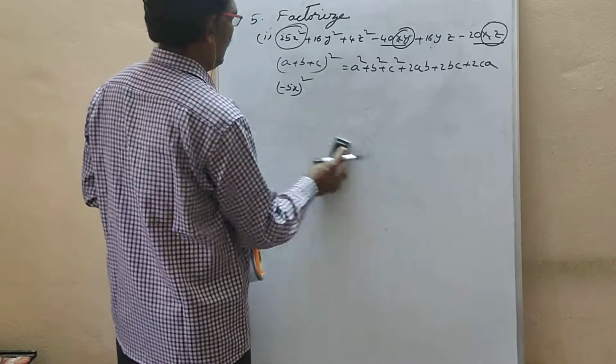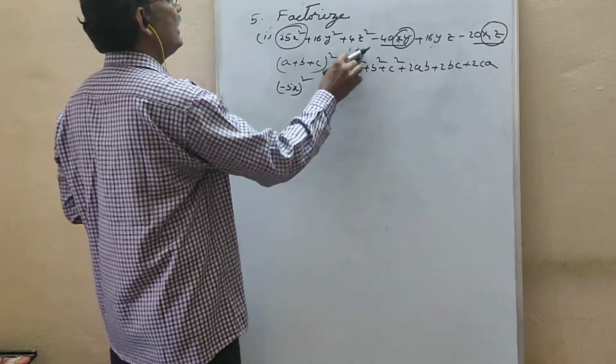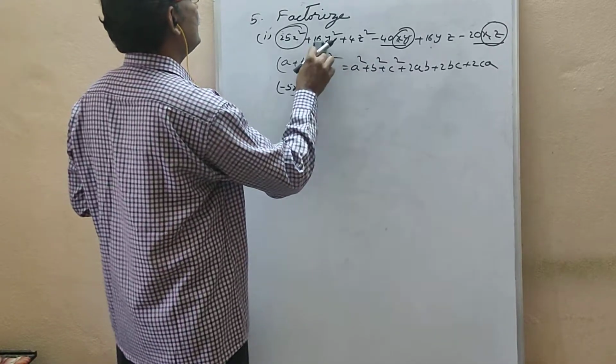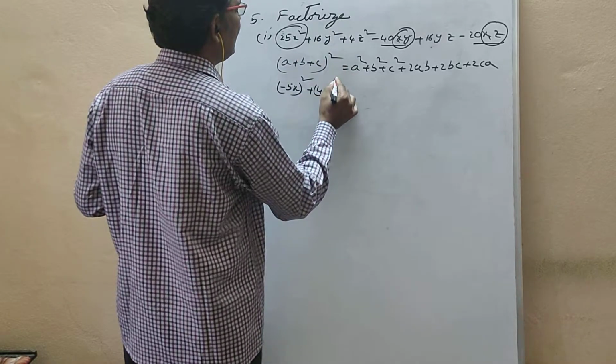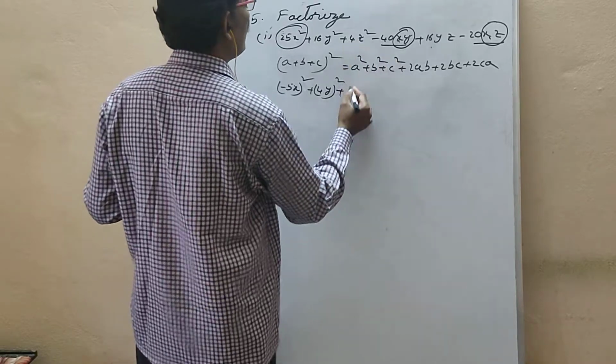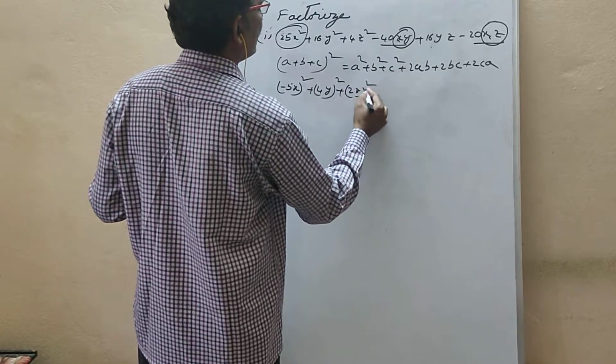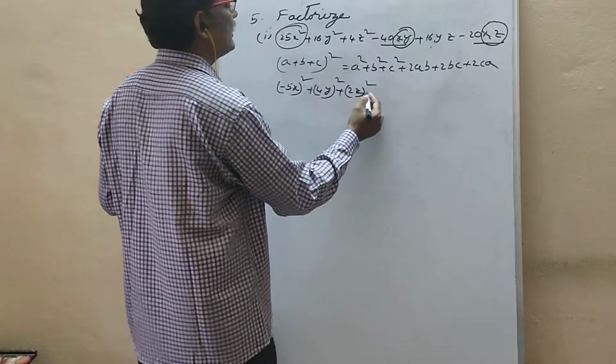Now the remaining squares. B square means what you have here, 16y square, so you can write 4y whole square directly. C square means 2z whole square. A square plus b square plus c square.